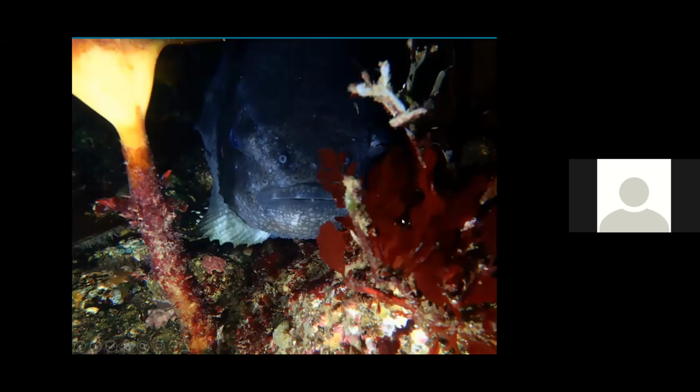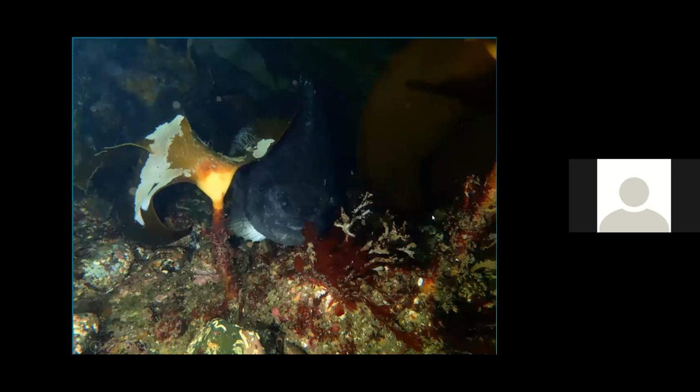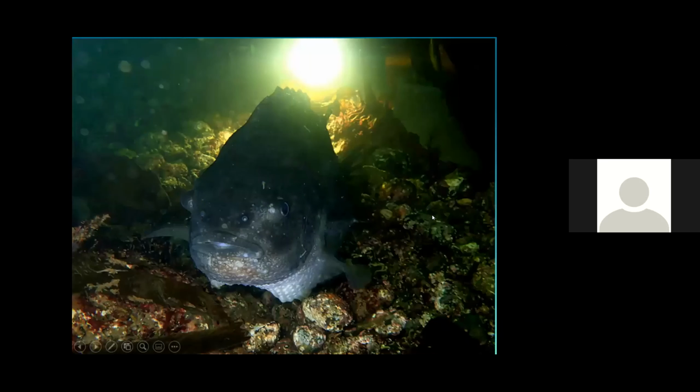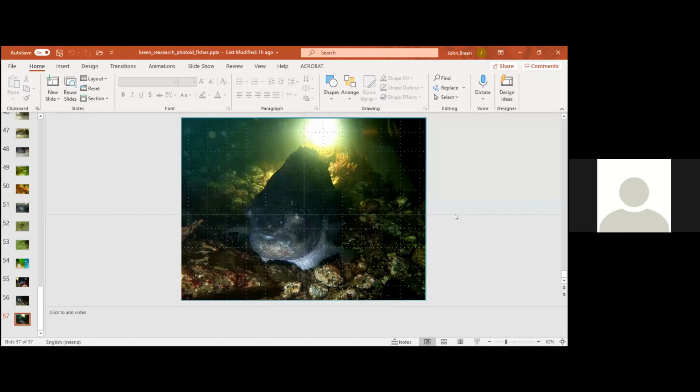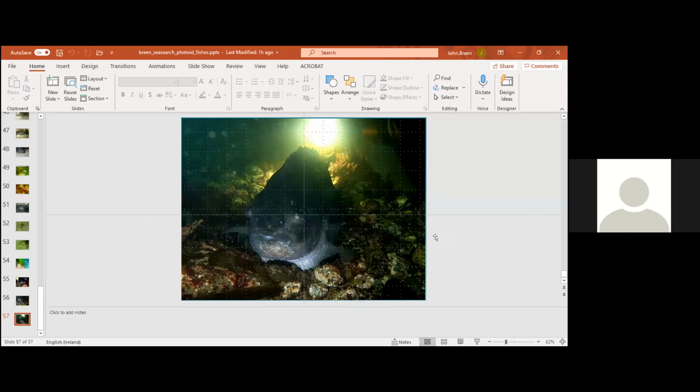And that was my picture of it, a straight on, head on picture. And that is my last picture, and I'm happy to share those with anybody who needs them.